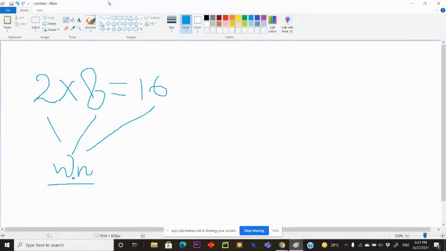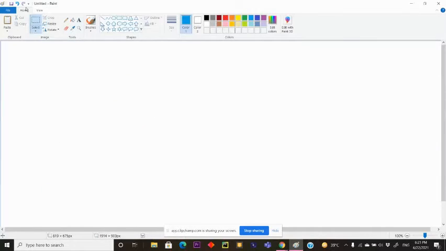Let's continue. Now let's know why the closure property does not apply on subtraction. First, if I subtract 1 by 1, both are whole numbers, and 0 is also a whole number.